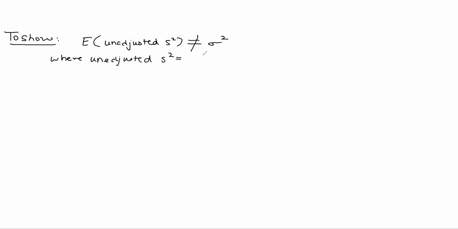Unadjusted s square is summation xi minus x bar square divided by n. So we can do the proof and we can show that it's a biased estimator.